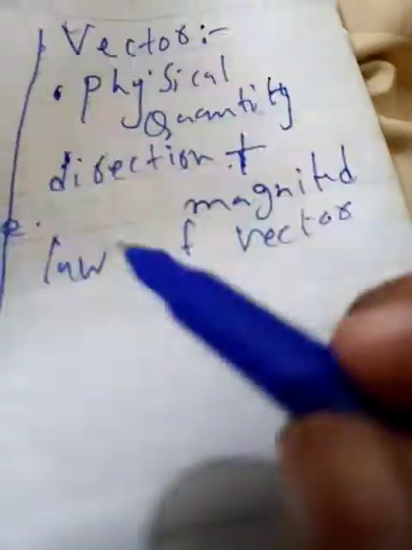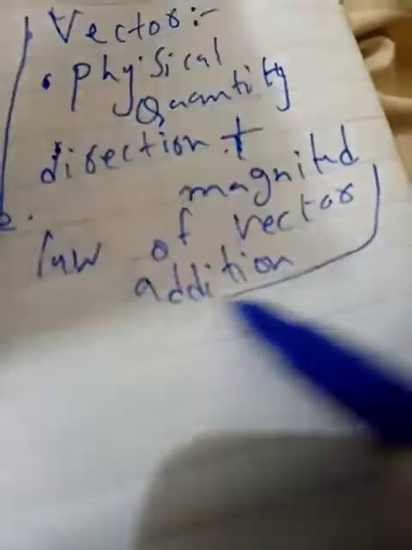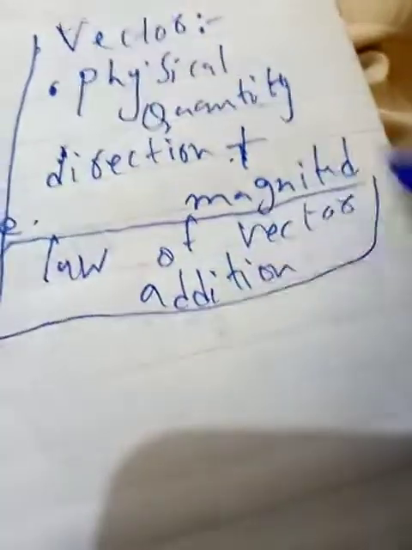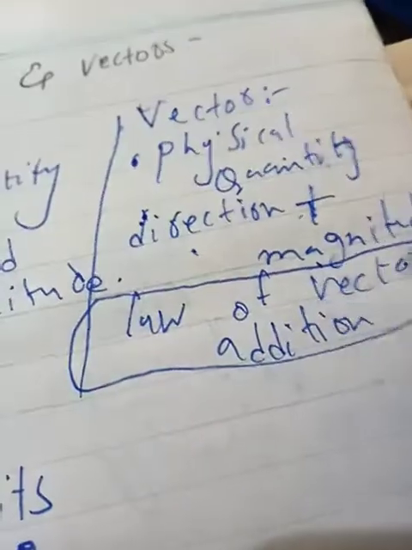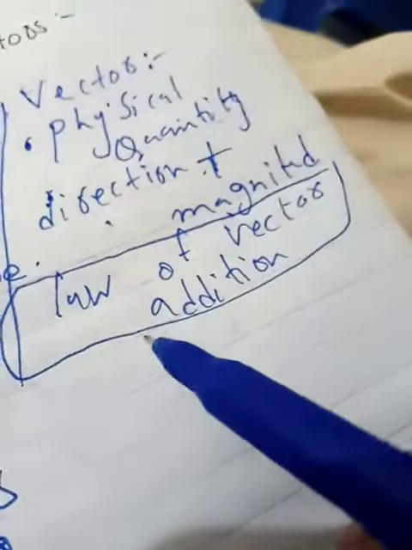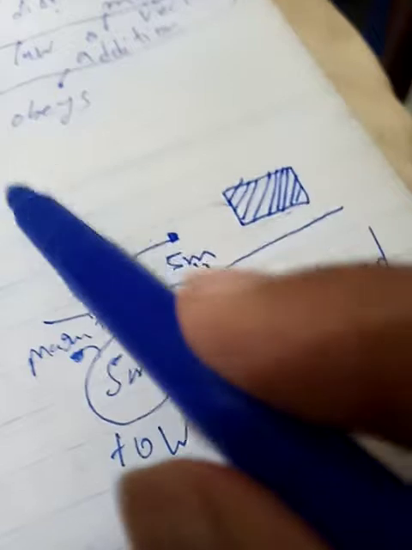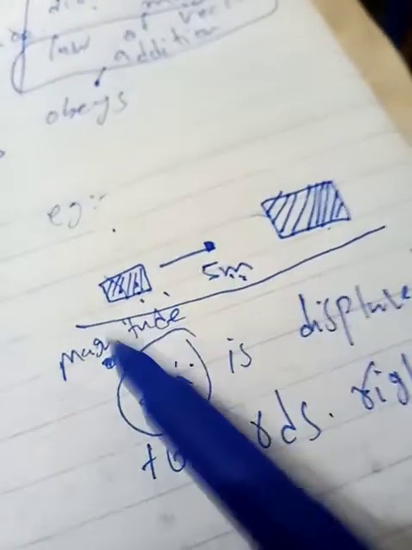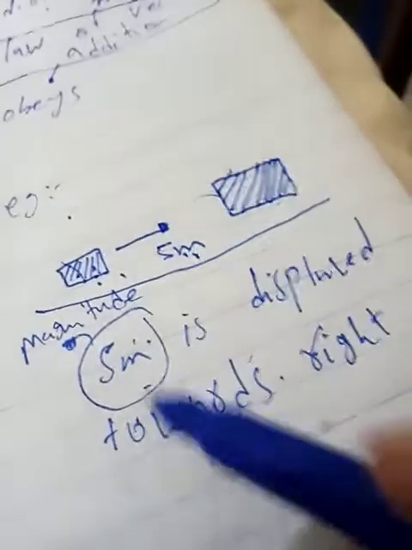Do not get confused, I will explain this law of vector addition. So a vector is a physical quantity having direction and magnitude, and it obeys the law of vector addition. Here is an example: a brick has been displaced 5 meters towards right.